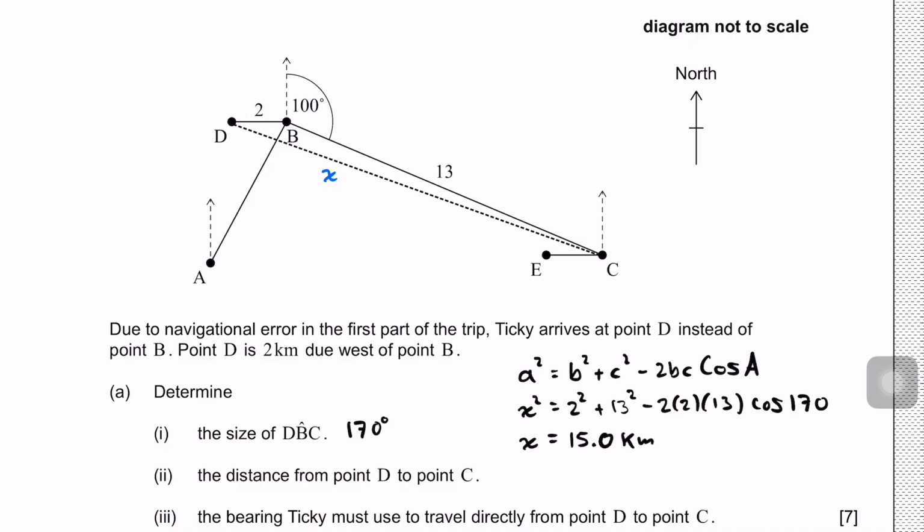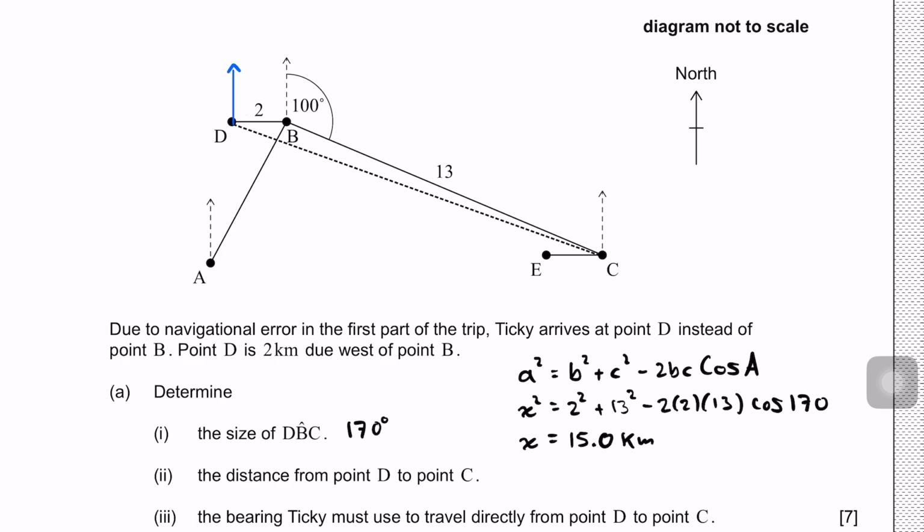There we are. Okay. Point D to point C. So what is this question asking? I'm going to draw a line here. So this is true north. There we are. This is true north.